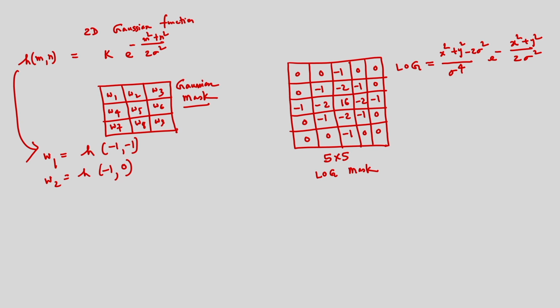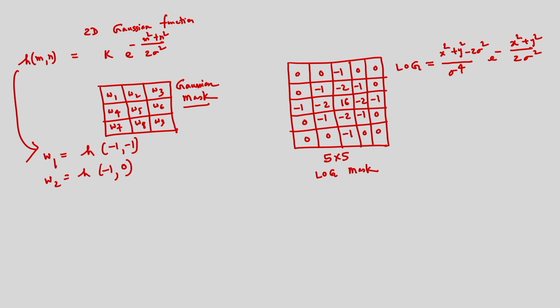For determining the edges by using the LoG operation, how to do this? First, convolve the image with the LoG operator. Next, at each pixel observe if there is a transition from one sign to another sign in any direction, and based on this decide it as an edge pixel. That means I am actually detecting the zero crossings. Detect the zero crossings to determine the location of the edge pixels.